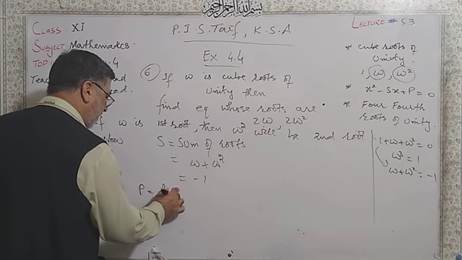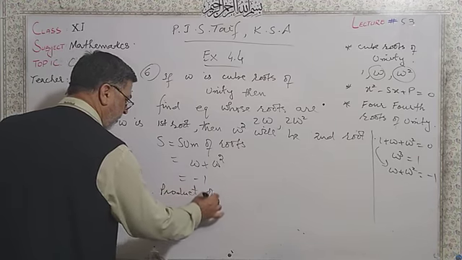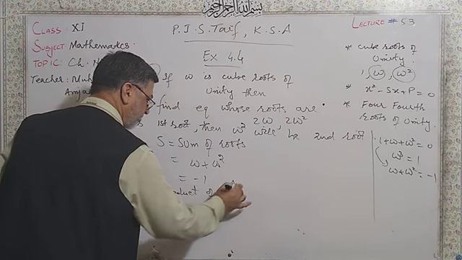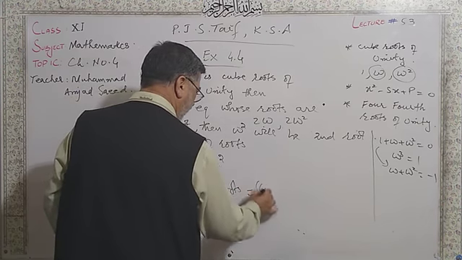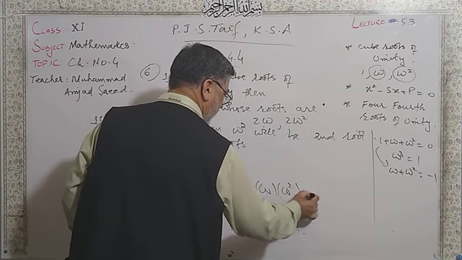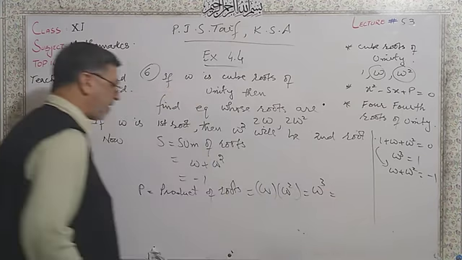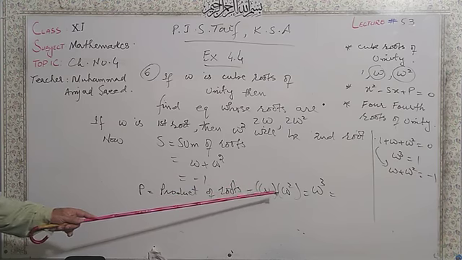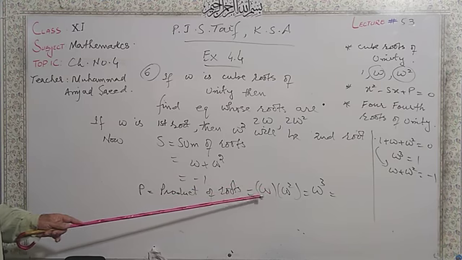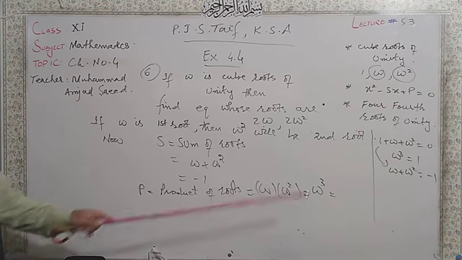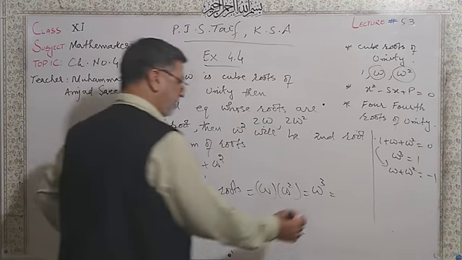And after that we have P. P is known as product of roots, that is equal to omega into omega square. That is omega cube, which is equal to 1.